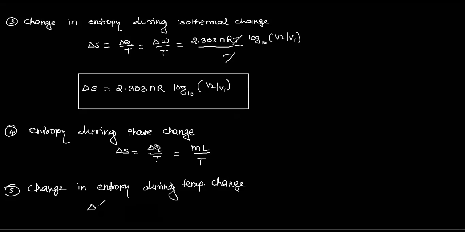So directly, delta S is equal to integration of delta Q by T. So delta Q is equal to m s dT, divided by T. Just m I am taking outside, and you are getting s dT divided by capital T. Okay, understood?